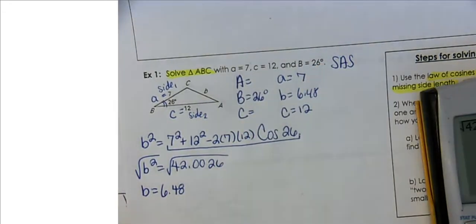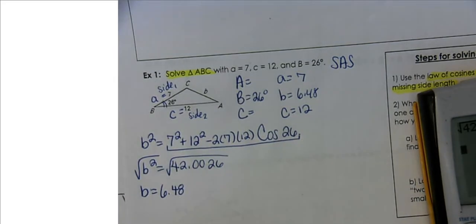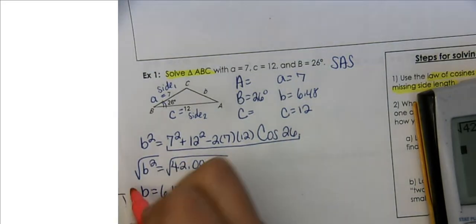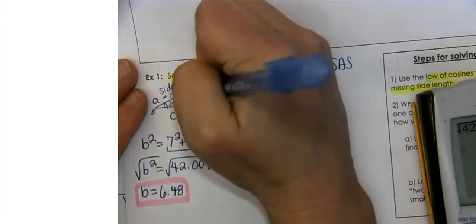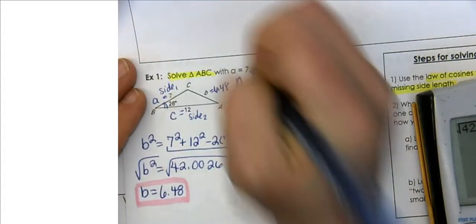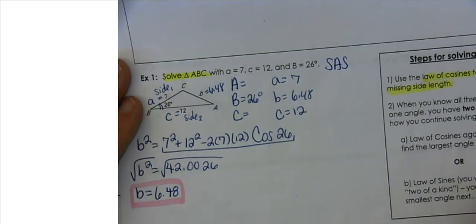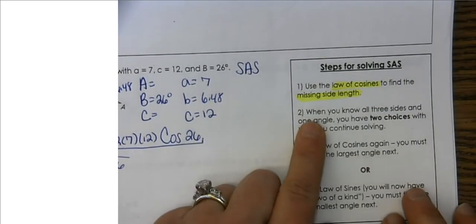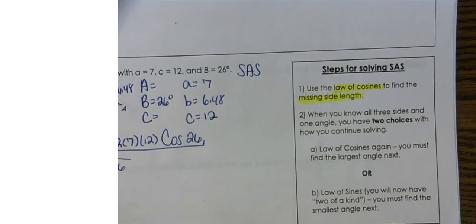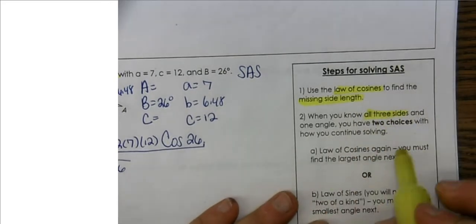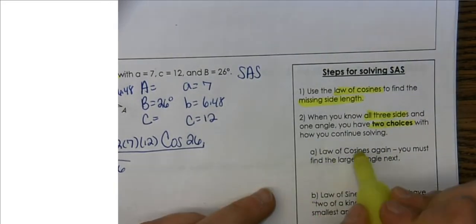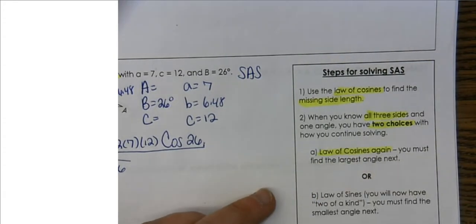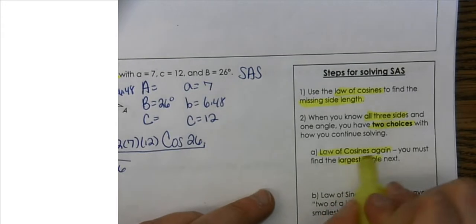So now I have all of my side lengths found, and now I need to talk about angle measures. Now that I know that b is equal to 6.48, this is where we have a choice. When you know all 3 sides like we do now, and 1 angle, you have 2 choices. You can continue using the law of sines again, which means if you choose the law of sines, you have to find the largest angle next.